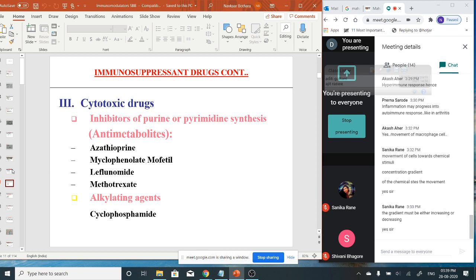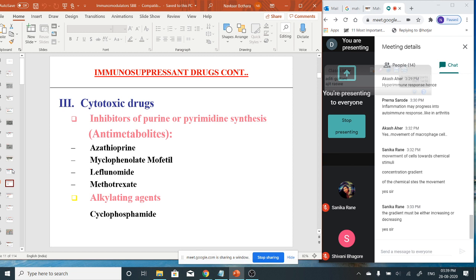If the differentiation is increasing, that means they are produced more and more. So if we have certain drugs which are cytotoxic, they can reduce the formation of such cells, and therefore there will be a decrease in production of either antibodies or a decrease in cellular immunity.